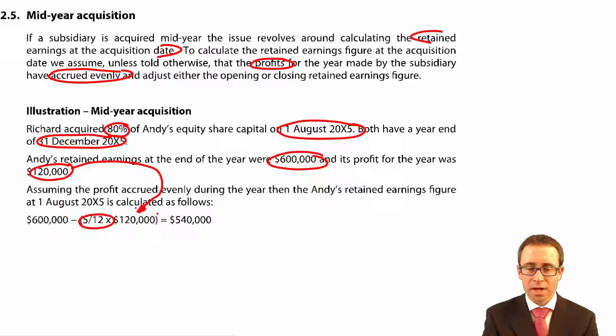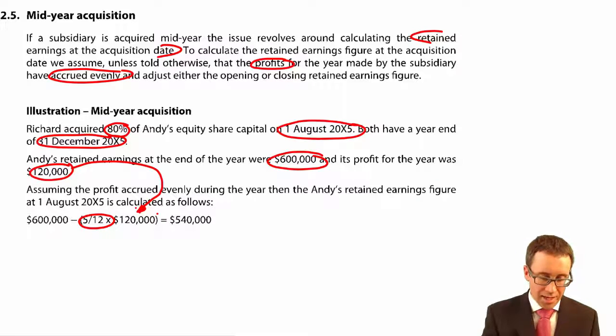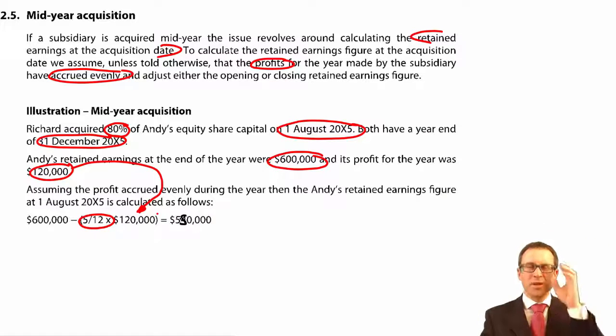I think that works out. Is it slightly wrong there? I think we'll update that. That's not correct, is it? 600 less 5/12 multiplied by 120 should be 50,000, shouldn't it? 600 less the 50 gives you 550, isn't it? Just be careful. I will ensure that in your notes it will say 550.